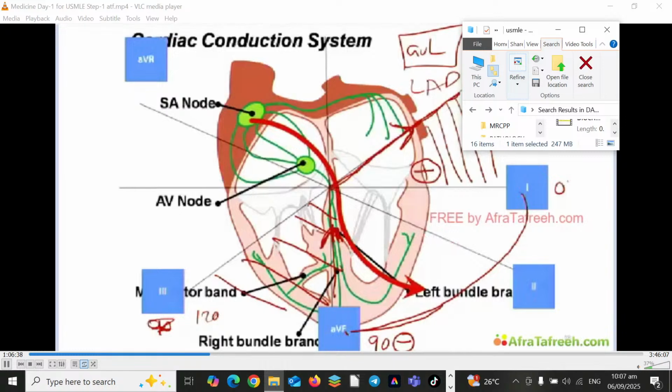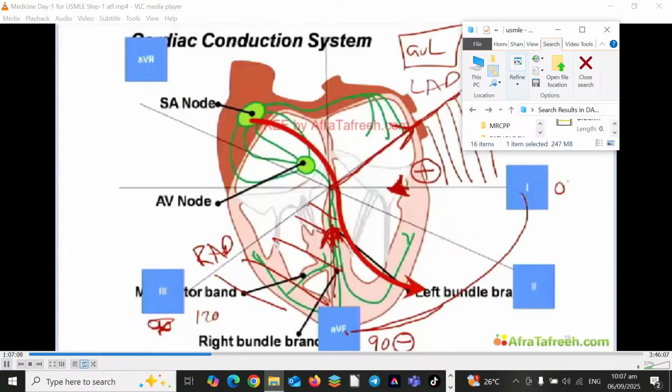If it is positive in lead AVF but negative in lead 1, that means it is going away from lead 1 but towards AVF. Such a condition would become a right axis deviation because it is more towards the right side of the heart, and the other one was more towards the left side of the heart. So that becomes left axis deviation and this becomes right axis deviation.